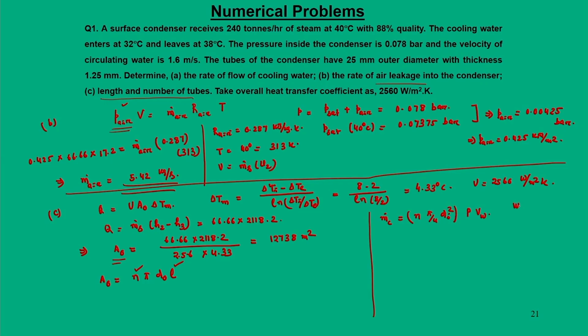V w is the water velocity, that is given as 1.6 meter per second.